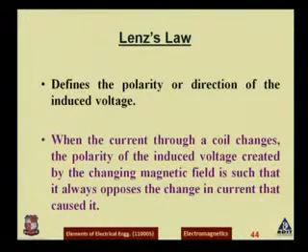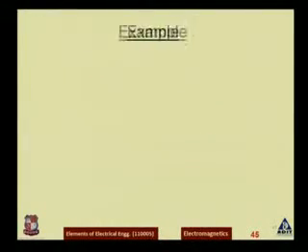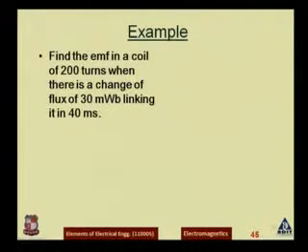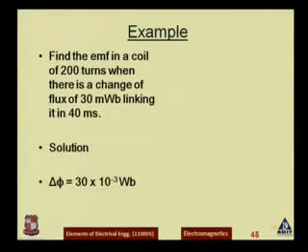Now we will see one small example based on this law. You have to find the EMF in a coil of 200 turns when there is a change of flux of 30 milliweber linking with the circuit over 40 milliseconds. So how will you find it? You know the value of delta phi, the rate of change of flux.